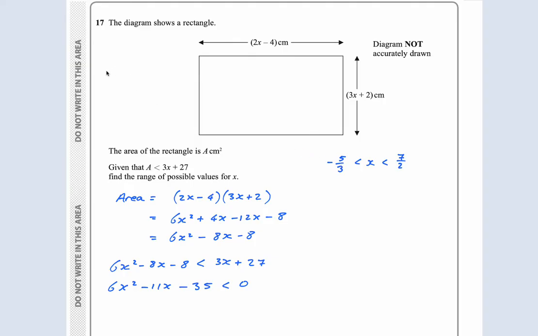For example, you say x equals minus 5 over 3, 3x equals minus 5, 3x plus 5 equals 0. That is the factor, 3x plus 5. And similarly here, if I said x is 7 over 2, I'd have 2x minus 7 is the other factor.